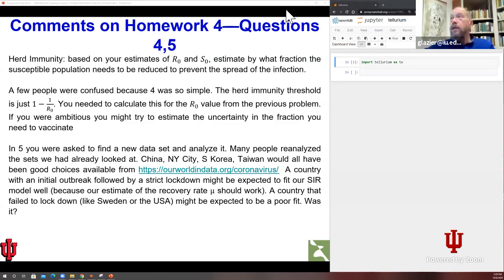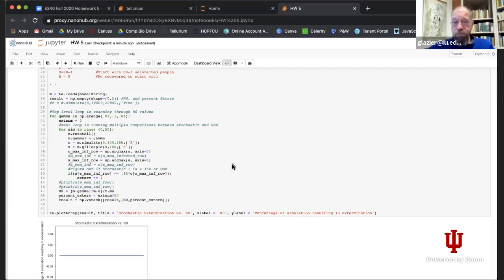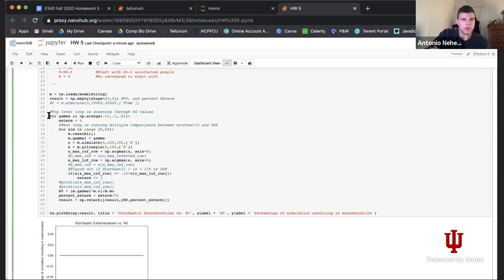I can certainly stop sharing for a second if you want to show us what you got. Sure. So here's the code. Here's where I'm scanning through R naught via gamma. This is just a counting term. And then I'm running the simulation 50 times.